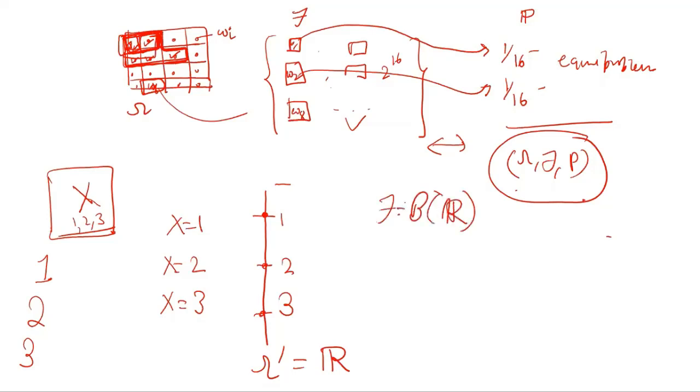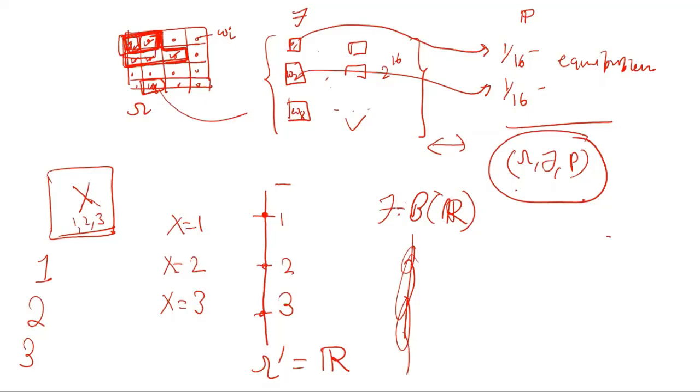Not every possible set, but all the sets of the form of countable unions and intersections of open, closed and semi-open intervals. Those will be in the sigma algebra.